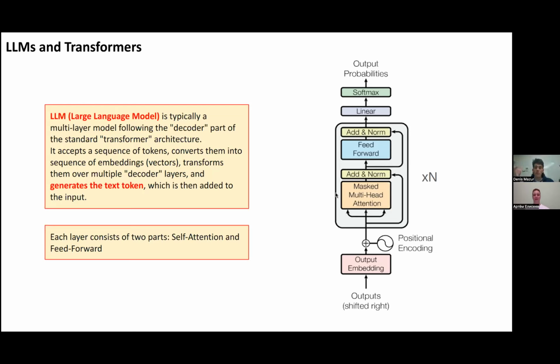The multi-head attention is the base mechanism that makes the transformer work. You give it a token and it looks at the rest of the tokens in the sentence and pays attention to the tokens that need to be attended to. I won't get into the details. And the feed-forward network basically stores all the knowledge of the transformer.